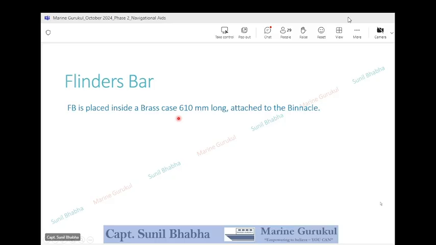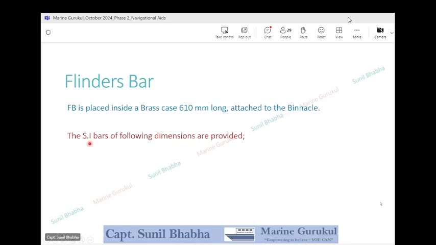Only the correctors which we are using, either the permanent magnets or the soft iron rods or soft iron structures, are magnetic. Other than that, all the other parts of the binnacle are made up of non-magnetic material. So the Flinders bar is placed inside a brass case or a non-magnetic case, and its length is 610 millimeters. And this casing is attached to the binnacle.